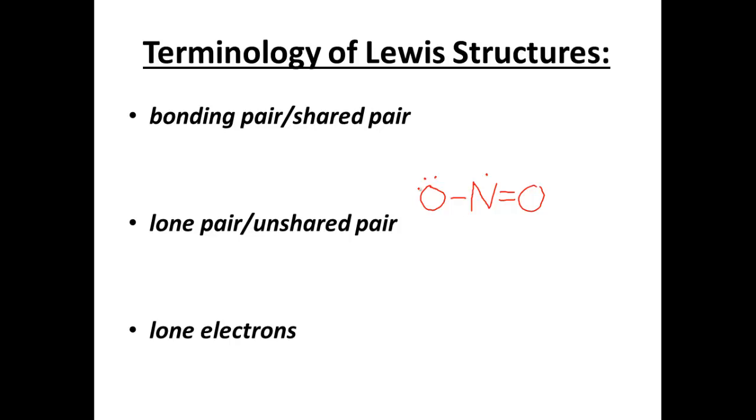We'll put some pairs of electrons in. And this structure I'd like you to draw in because we're going to go through and point some things out. Our first one we're going to look at is going to be our bonding pair or shared pair of electrons. So that's going to be right here.